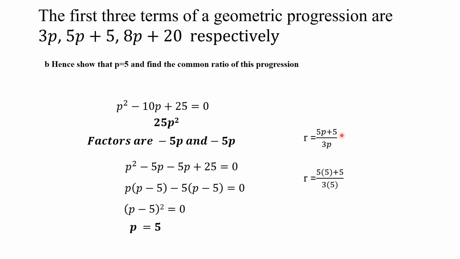If you evaluate the top, which is the numerator, it's going to give you 30. And the denominator is going to give you 15, which means that r is equal to 2. So we have answered the second part of the question. Now we have p is equal to 5 and r is equal to 2.